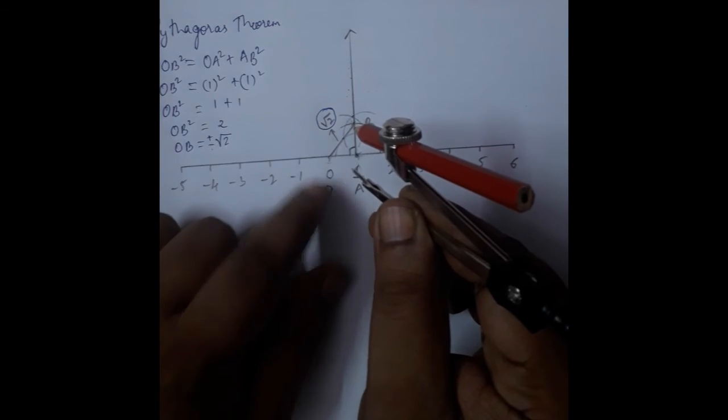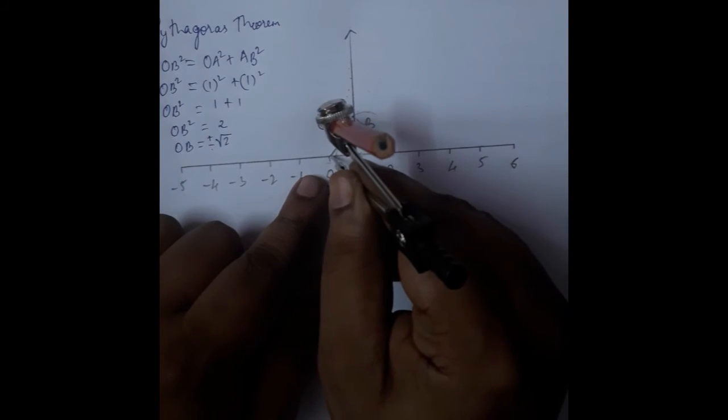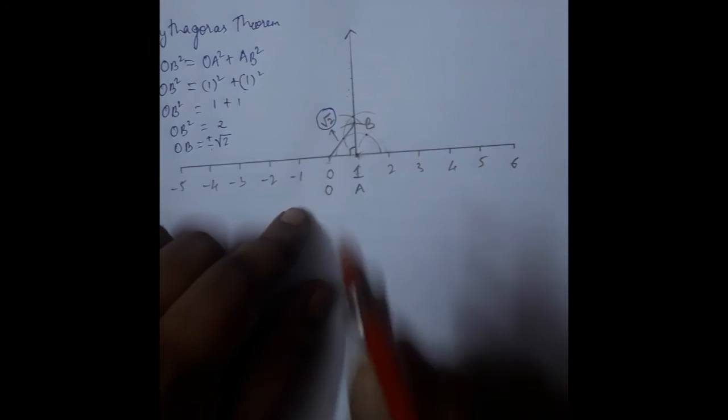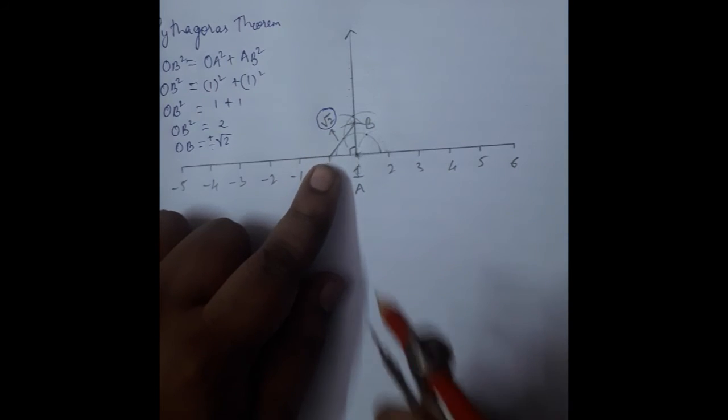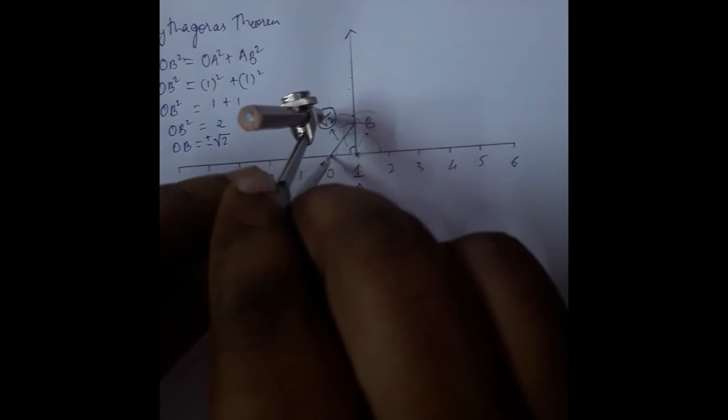make this your center. Remember, this is 0, so this is O. Make this your center, keep your pointer over here, and draw an arc that cuts the number line.